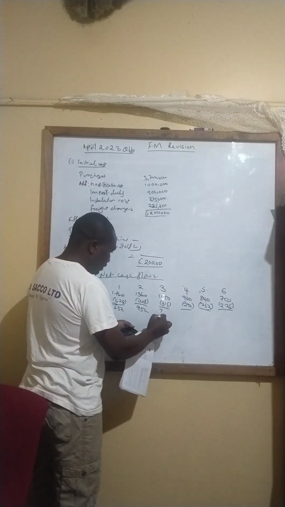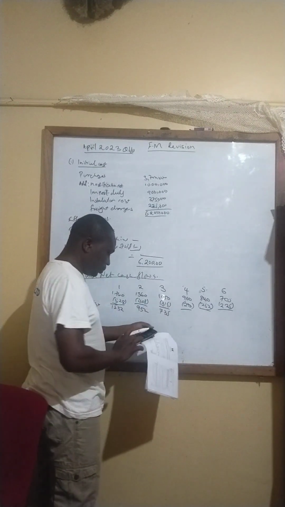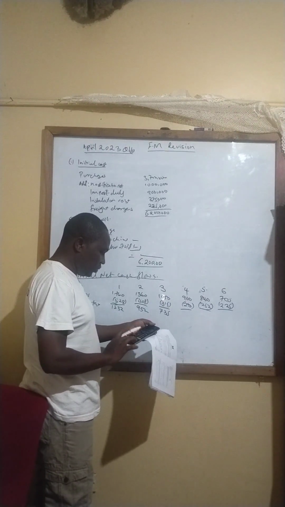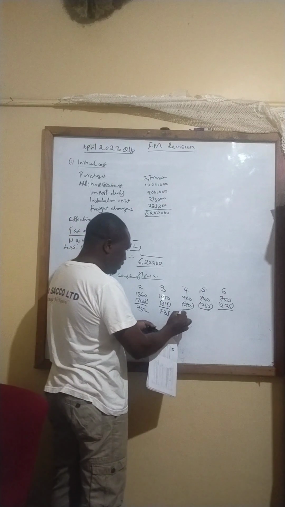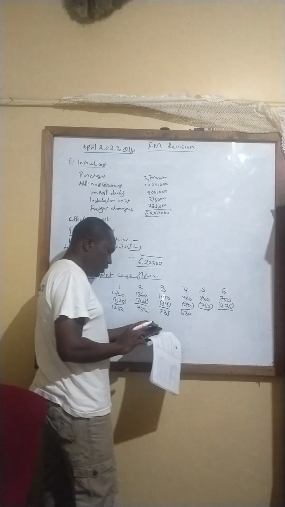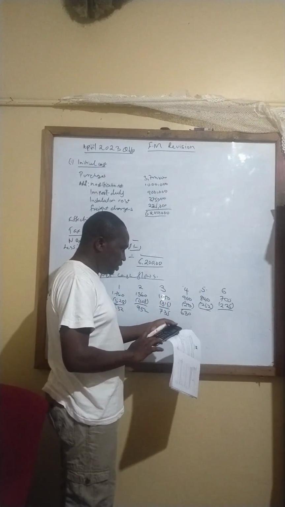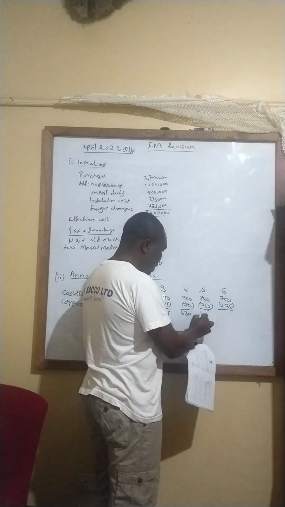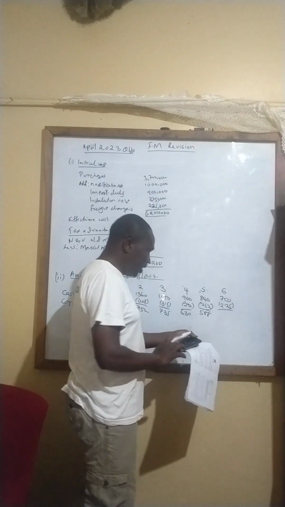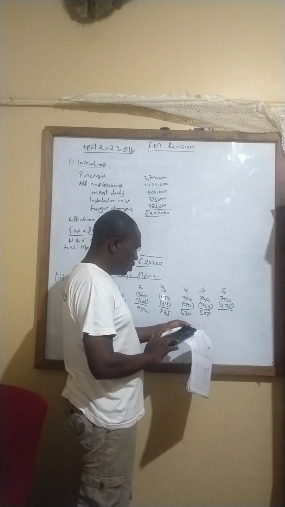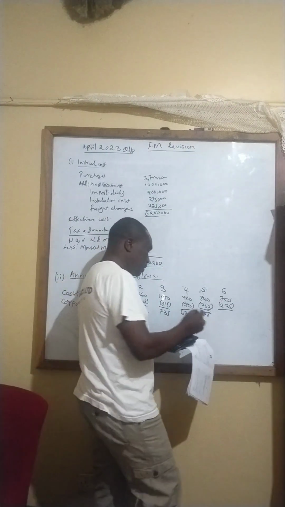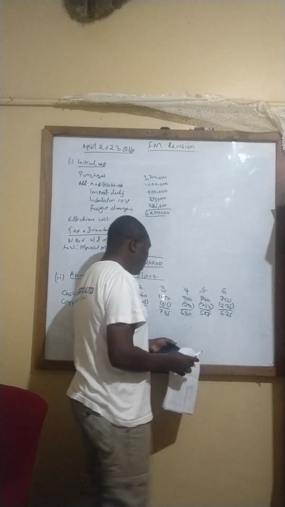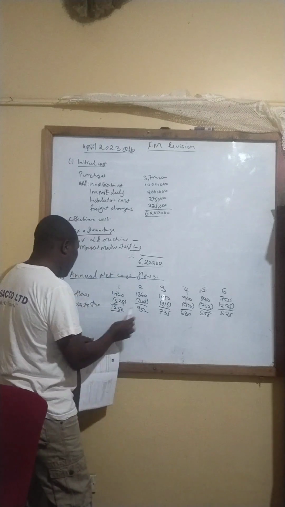Your answer there is 735. 900 minus 270. Your answer there is 630. Then the other one is 840 minus 252. Your answer there is 588. Finally, 750 minus 225. Your answer there is 525. So these are now the accurate cash flows.